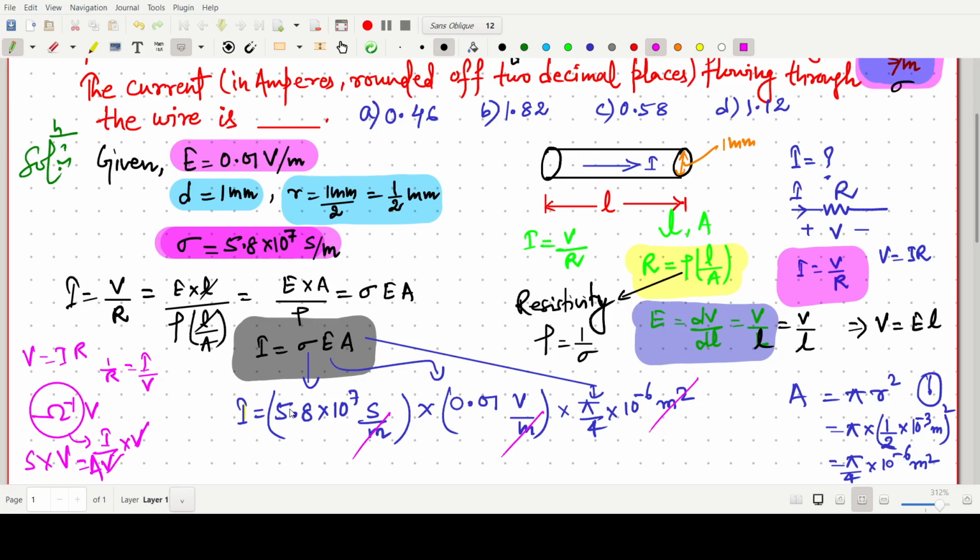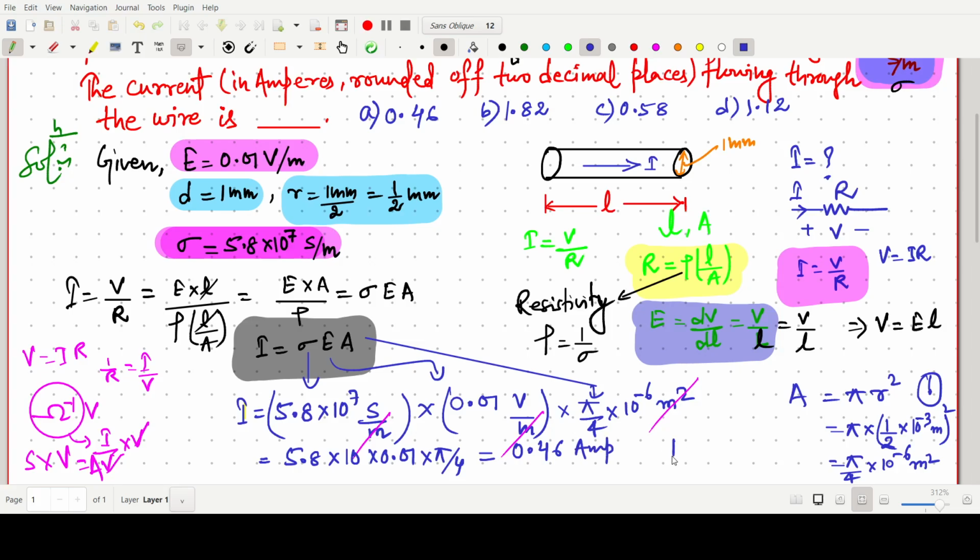If we solve, directly I am writing one line: 5.8 into 10 to the power 7 and 10 to the power minus 6, so it should be 5.8 into 10 into 0.01 into pi by 4. If we solve this one, it will nearly come, I have already calculated, 0.46 ampere.